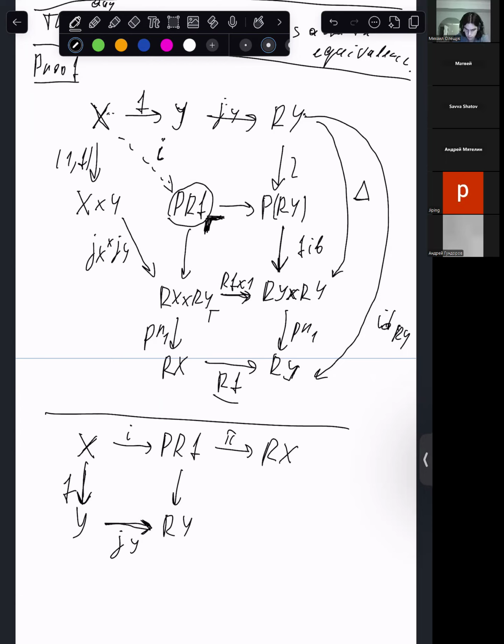So this map from X to Ry is just a composition of F and JY. For this triangle we will just take Y I and the projection to R1. So everything commutes.